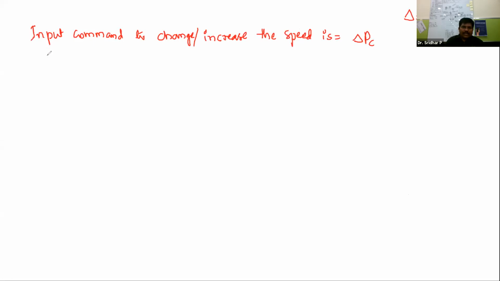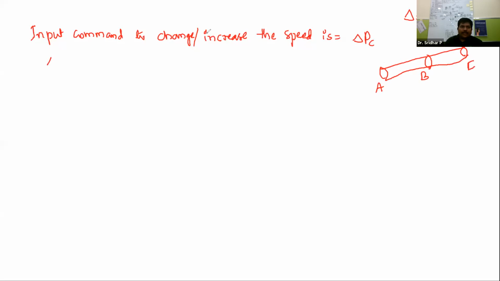Once it takes place, the shaft position, that linkage mechanism position, is like this. This is point B. This is point A. This is point C. These are the different points.